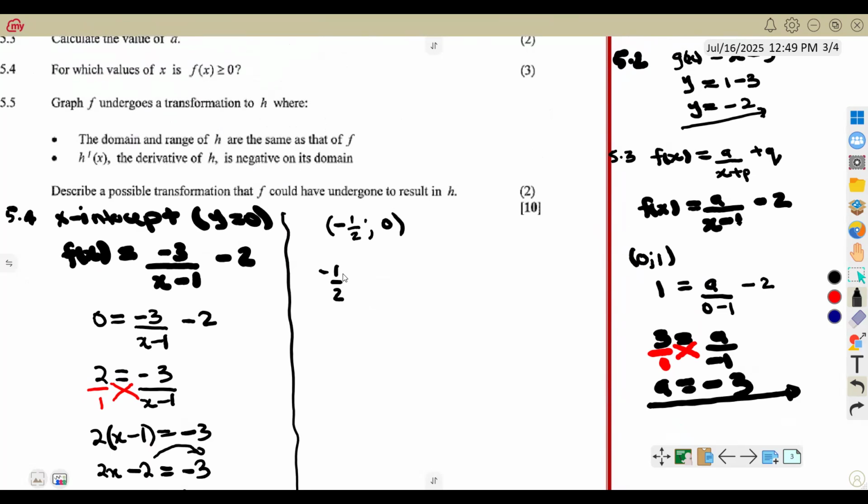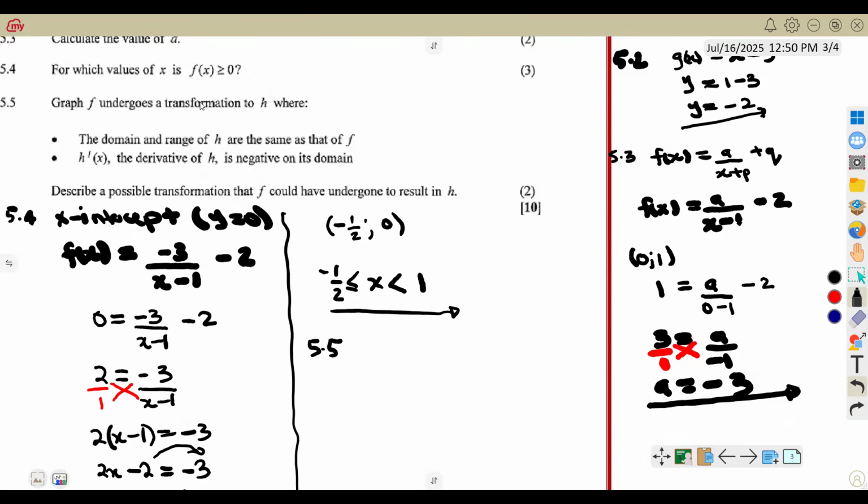Therefore, negative half is less than or equal to x, but you have to know that x is less than 1, because at 1 is an asymptote.